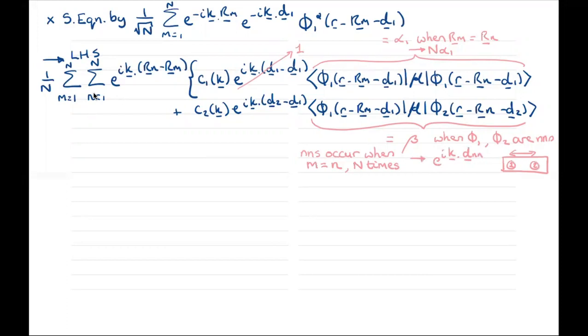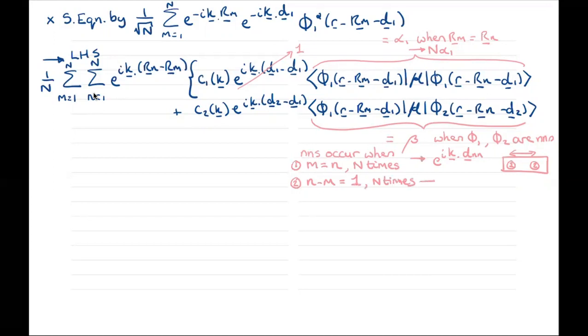That's the first case. The second case where we have nearest neighbors is when n minus m is equal to 1, and this also occurs n times in our double summation.